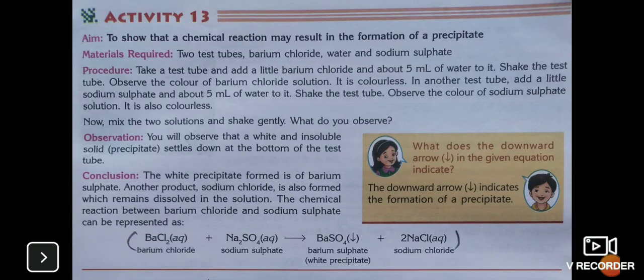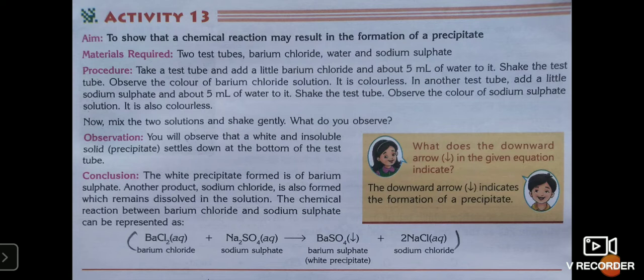Whenever an insoluble salt is formed during a reaction, it is called a precipitation reaction. We did types of reaction in 7th standard, where we did double displacement reaction, which had two types: neutralization and precipitation. So let's see the activity, and then I'll come to the equation and explain precipitation or double displacement reaction.